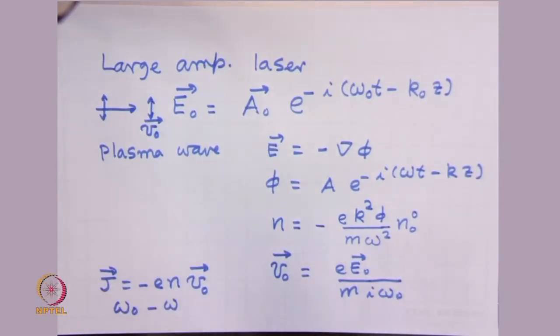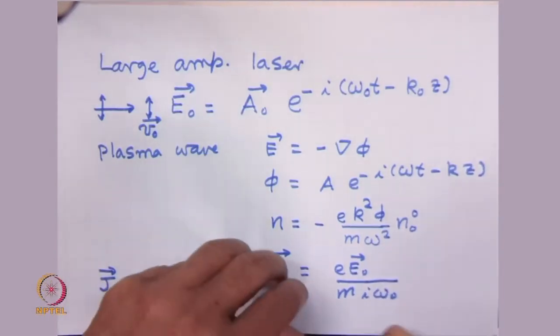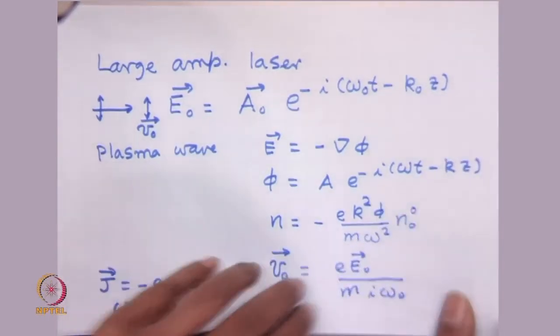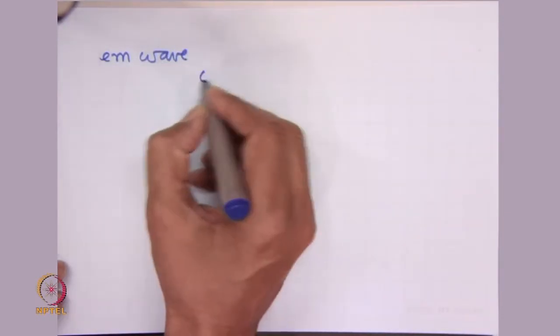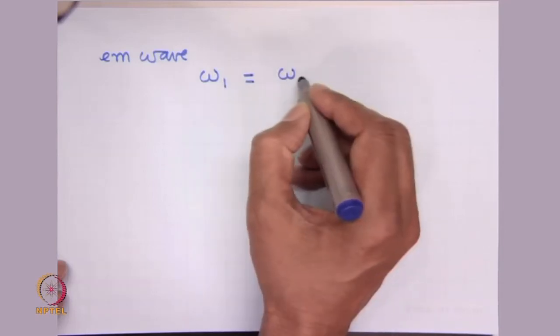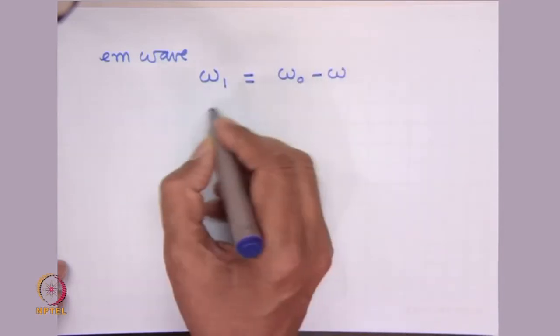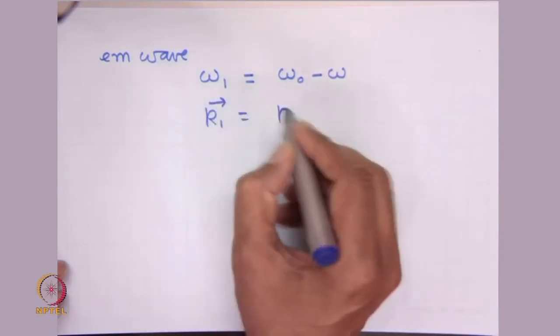So now look at the process. A large amplitude laser couples with a plasma wave and gives rise to an EM wave of frequency omega 1, for instance, equal to omega 0 minus omega, and wave number k1, which is equal to k0 minus k.